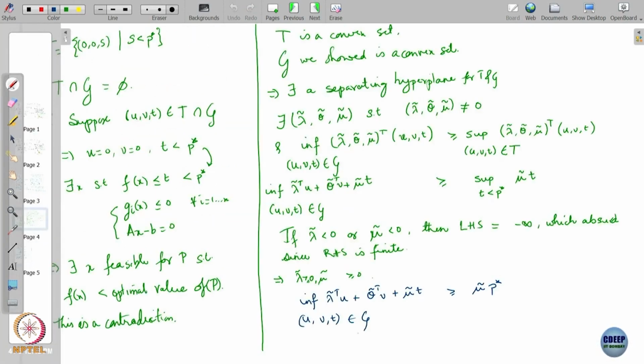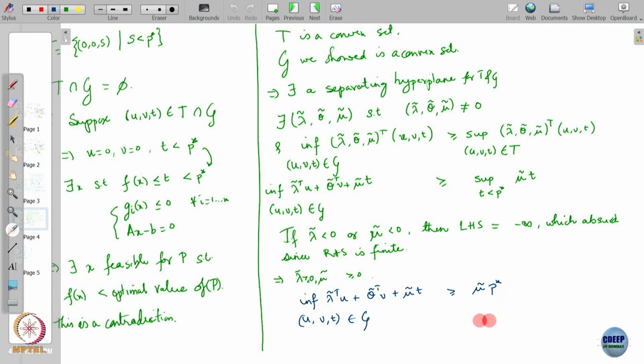So we came up till this stage. We wrote this set G, we wrote this set T, and we found that these two sets are disjoint, and therefore there is a separating hyperplane. The separating hyperplane gave us that there exist these quantities lambda tilde, mu tilde, etc., such that lambda tilde is greater than or equal to 0, mu tilde is greater than or equal to 0, and this inequality holds.